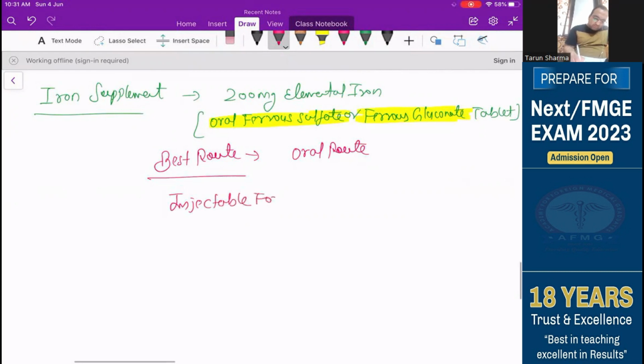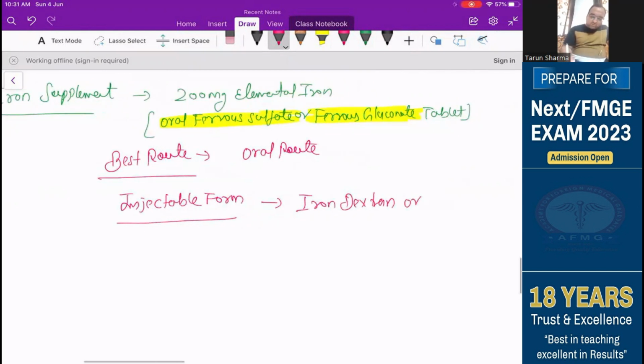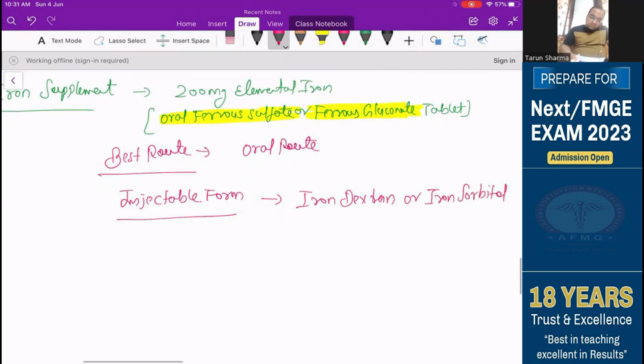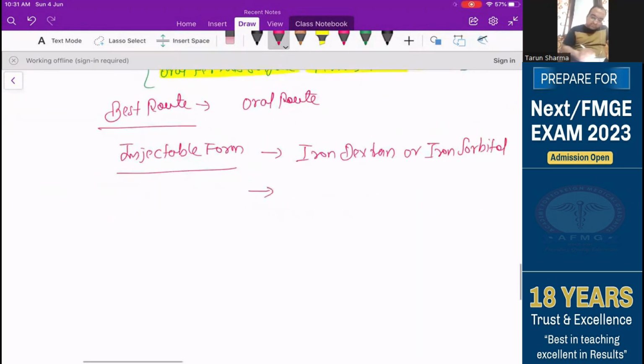Injectable forms are available in the form of iron dextran injection or iron sorbitol. But when to give these iron injections? When the patient is having a malabsorption condition, because if you give the oral drugs, they will not be absorbed by the GIT because of the malabsorption disease.